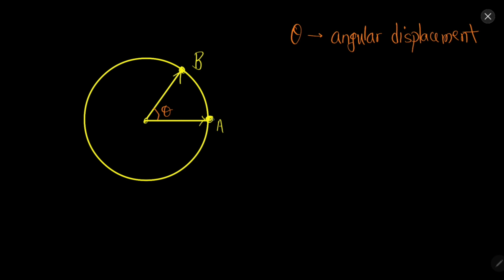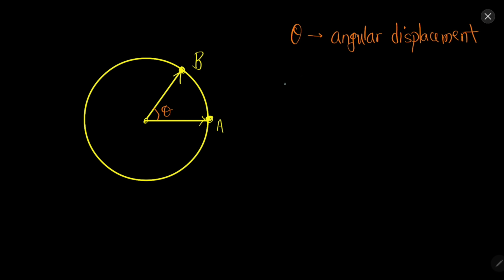This means that the particle has reached from point A to point B, and the angle subtended was theta. That theta that was subtended is called the angular displacement. So this tells us about the displacement in terms of the angle.